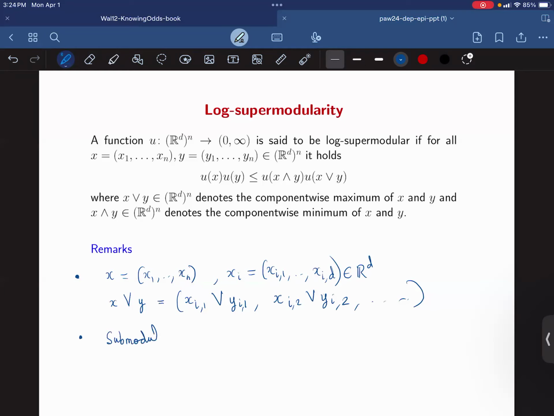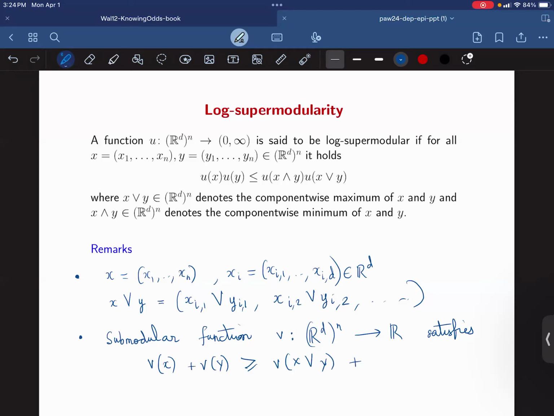A submodular function, let's say v from R^d to the n to R, satisfies that v of x plus v of y is greater than or equal to v of x max y plus v of x min y, right, for all x and y.